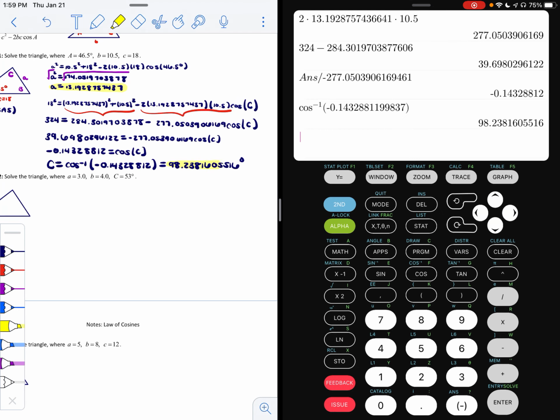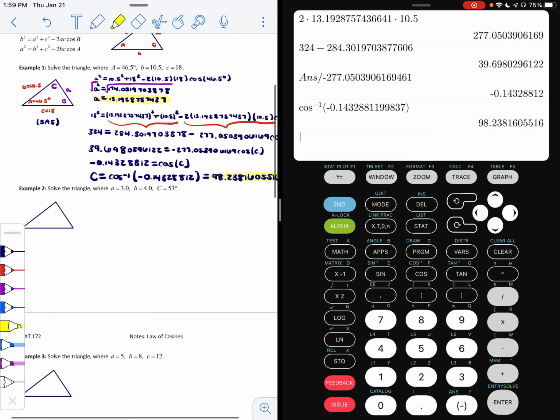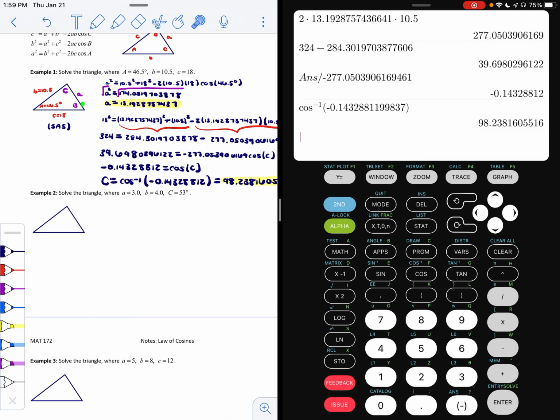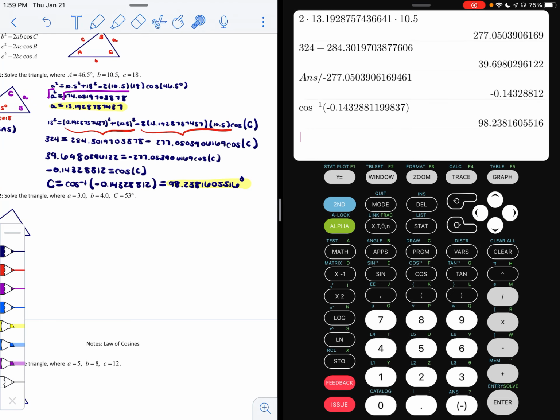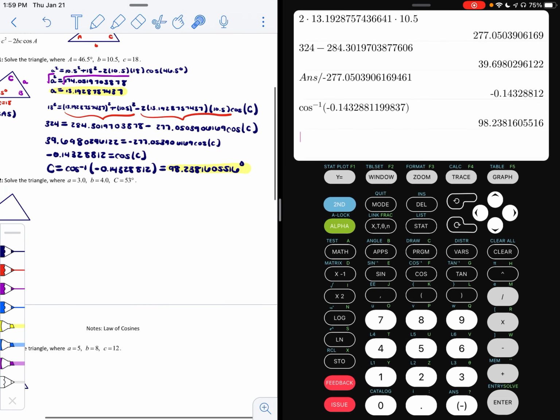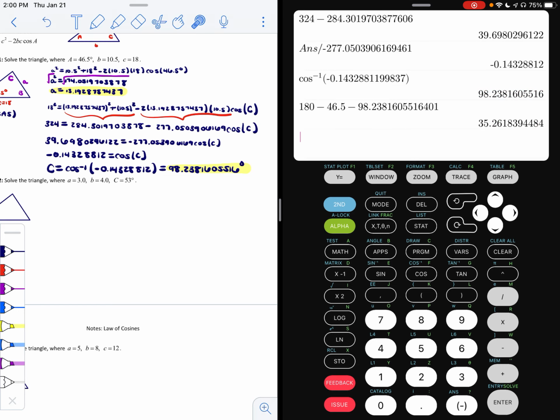That was our angle C. The last thing we need to find is just our angle B, but that's easy at this point, because we already have two of the angles in our triangle. We know that there's 180 degrees to work with. So if we subtract the two angles we have from 180, we'll have our last angle. I'm just going to do 180 minus the 46.5 that we started with, minus the 98.2 that we just got, and we get our last angle.